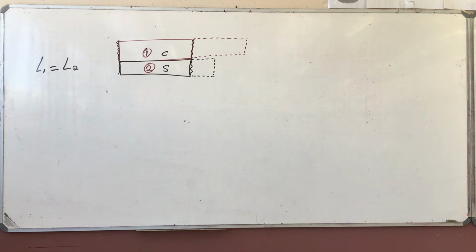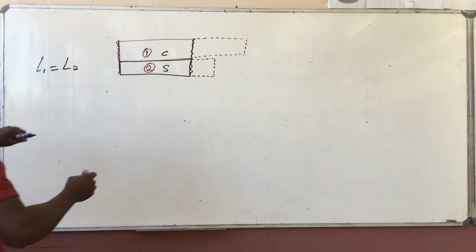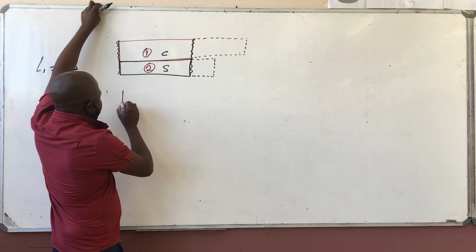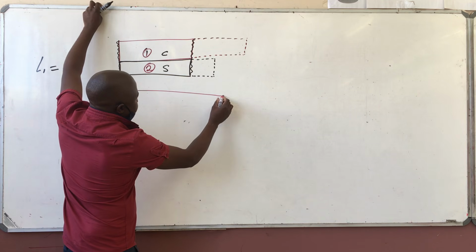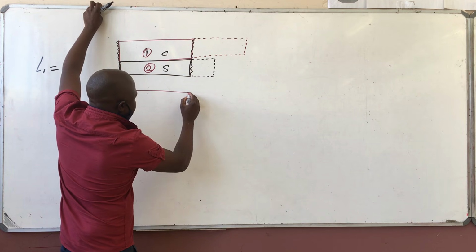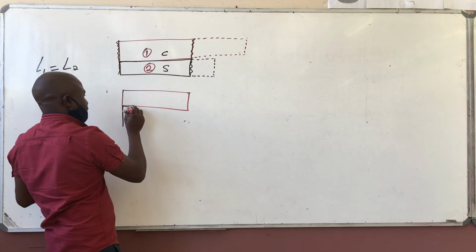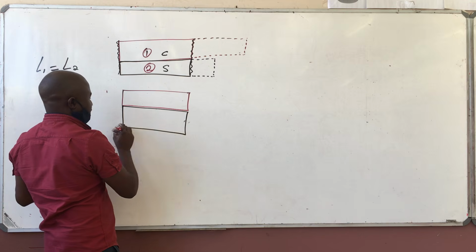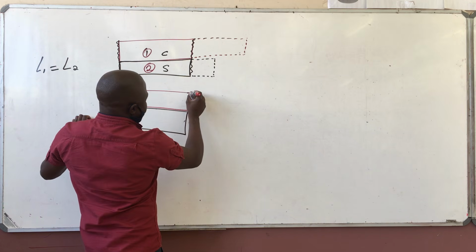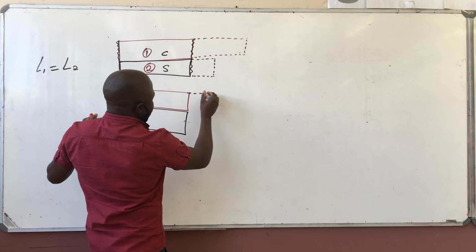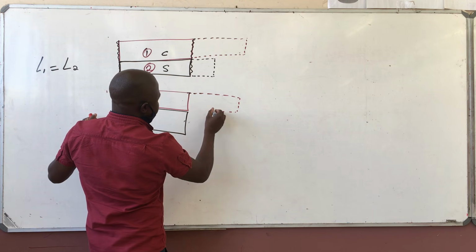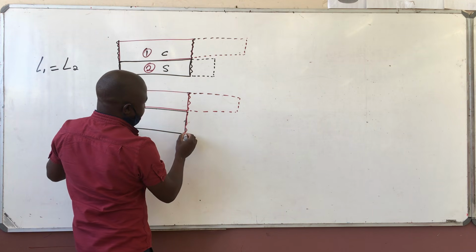But now that these two are fixed together, meaning wherever they go, they go together. So what will happen? Let me draw until there. This one has expanded up until there, but remember they are fixed together.